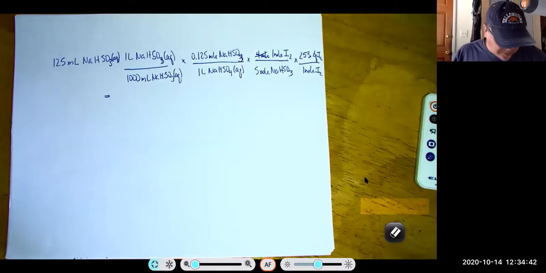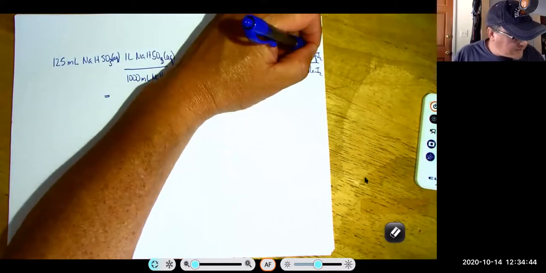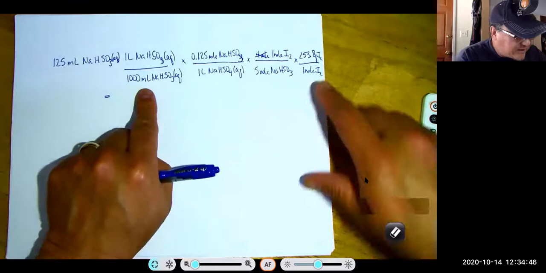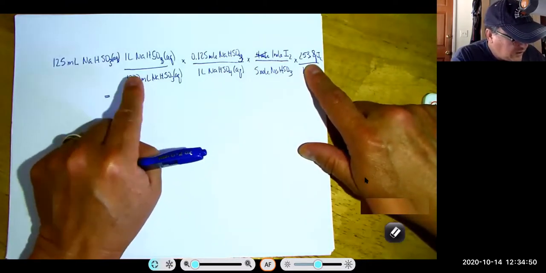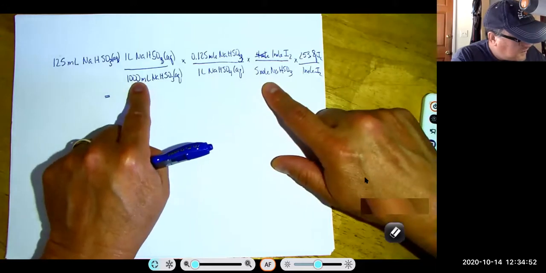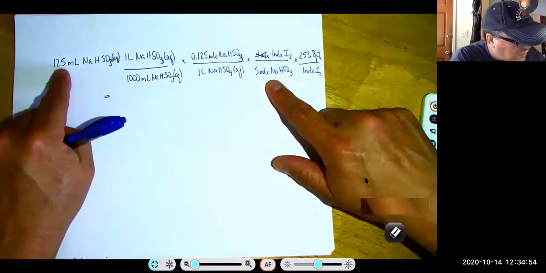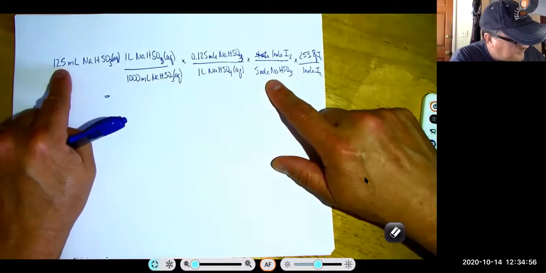Let's see how much we would get here. So I'm going to estimate this will go into this 4 times. 5 will go into 125 25 times, right?